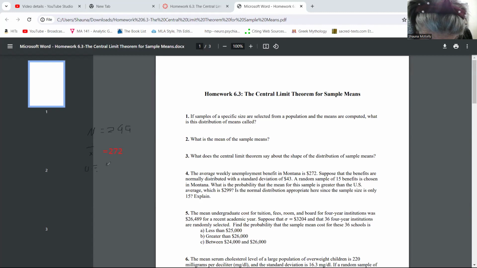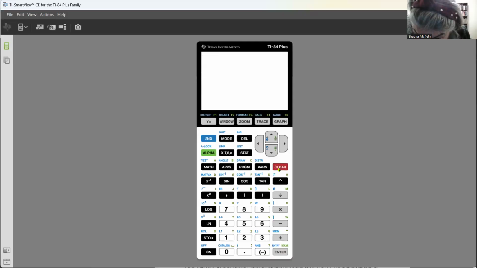Now, what we're going to do is we're going to calculate our z. So I'm going to go to my calculator screen, clear my formats, and I usually like to start with parentheses.